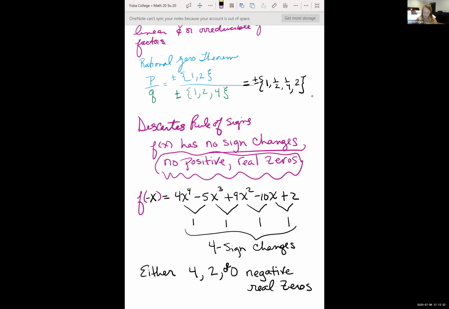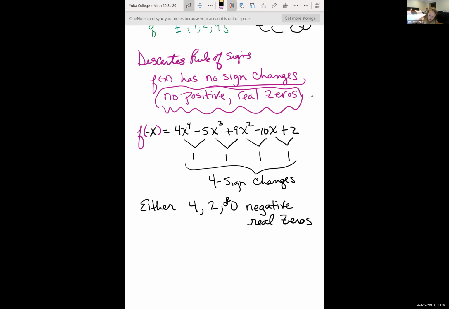Okay, so we got our possible list. We actually now know that they have to be negative. And we can start testing, use our synthetic division, and if we show that our remainder is 0, we know we have a 0, and then we could figure out what the factor is. So I tend not to like to do fractions at first, so I would start with my -1 instead of -1/2.